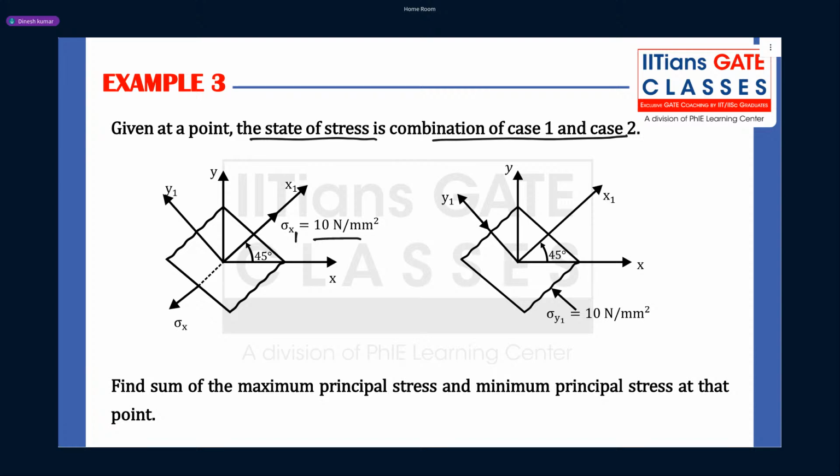It is of tensile nature. In case 2, they have given sigma y1 value, but it is of compressive nature. So the orientation theta is 45 degrees, sigma x1 is 10 and sigma y1 is minus 10.